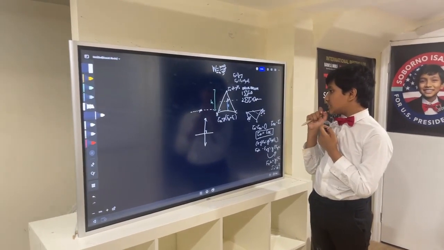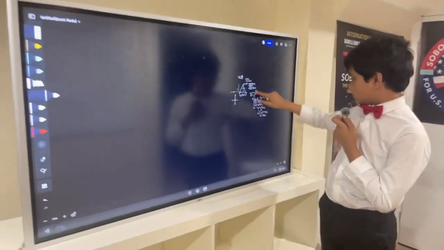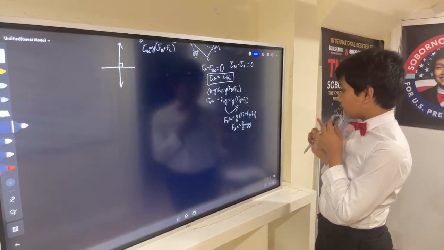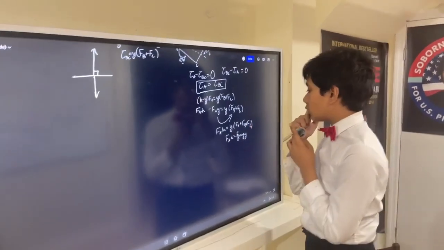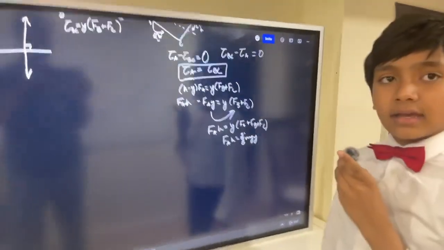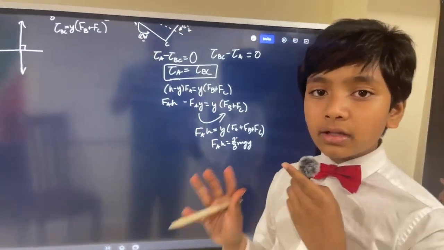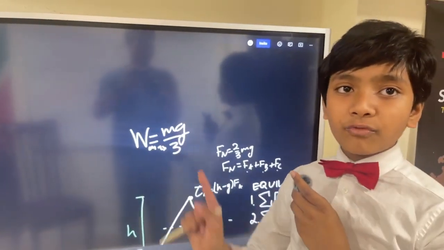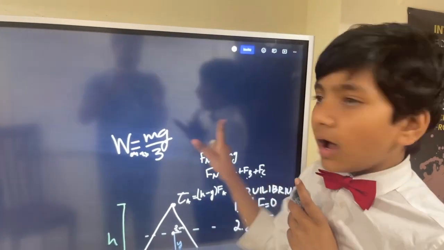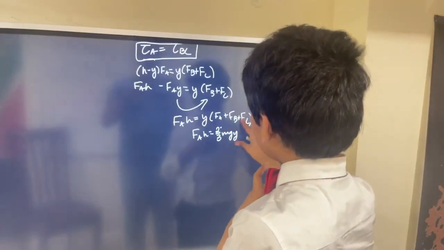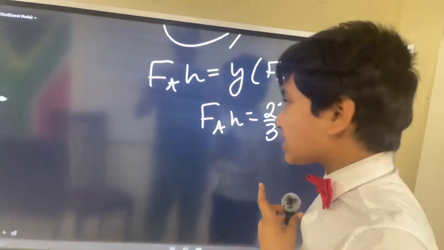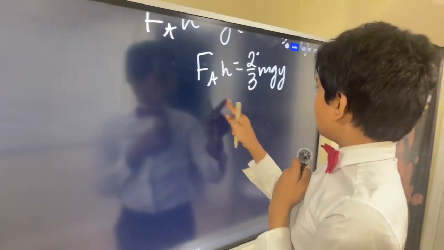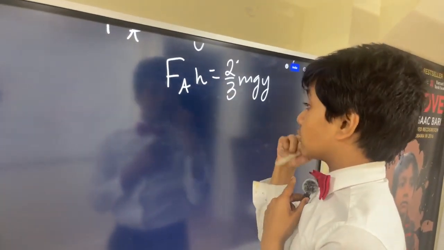Now, what can we say? Oh yeah, the max weight that any leg can take is 1/3 mg, which we discussed over here. Which means that the max force leg A can apply is mg/3. So we can just plug in that max force over here to obtain the max height, h, or the maximum value of y.